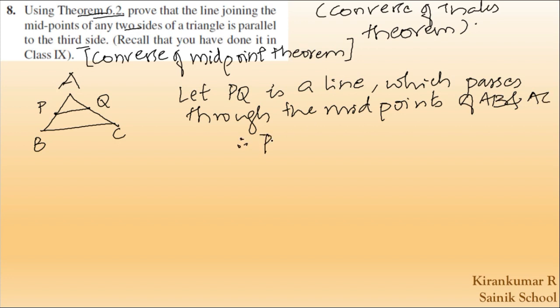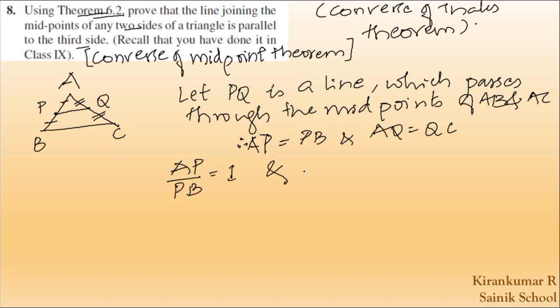Therefore, we have AP equal to PB and AQ equal to QC, because P and Q are the midpoints. Now let me consider the ratio AP by PB. This will be equal to 1, and the ratio AQ by QC also will be equal to 1. Therefore, I can write AP upon PB equal to AQ upon QC.